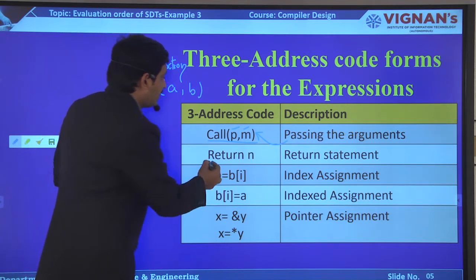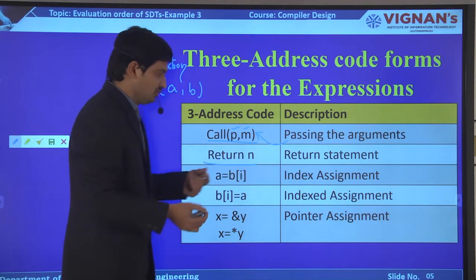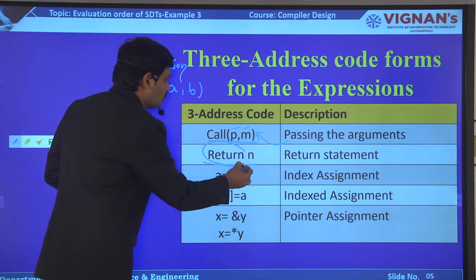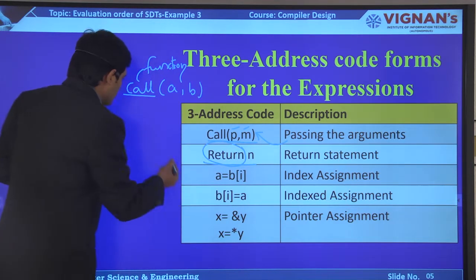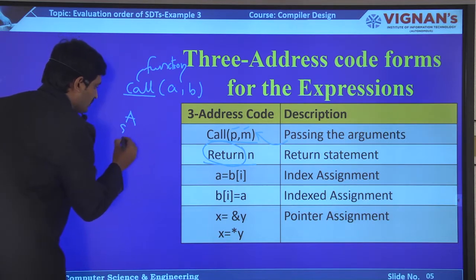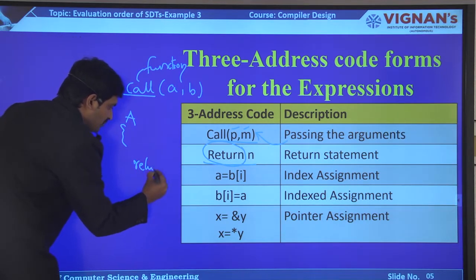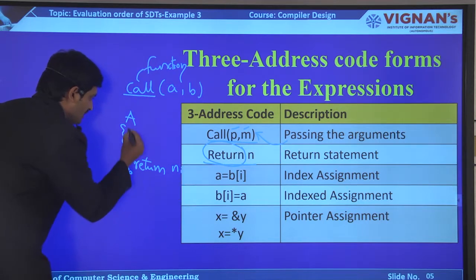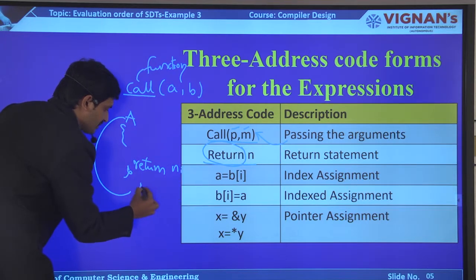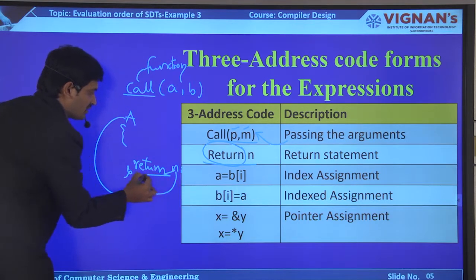Next, return n. As we know, the return statement is used to return some values from the function to the caller. If I am writing return n, then when this is called, at that time I have to take this value from this return statement.